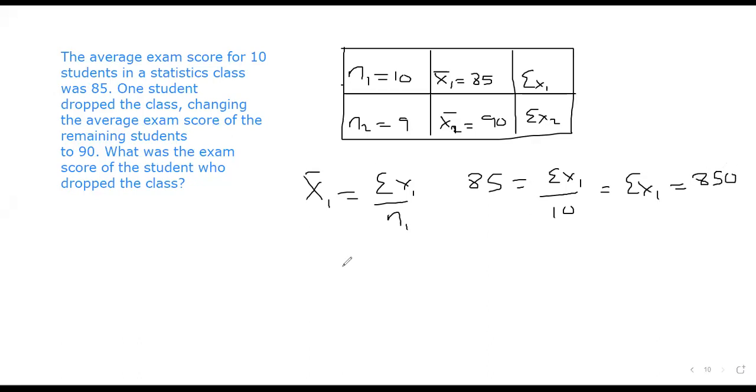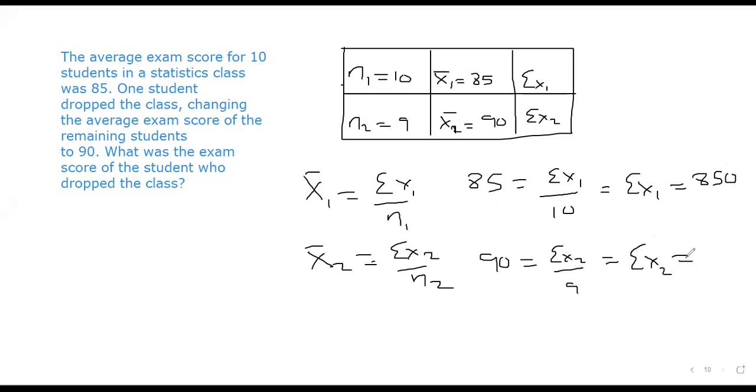Similarly, the mean 2, it's the same formula, except that we're changing the suffix. So here we're going to have 90 is equal to summation of x over 9 in this case. So summation of x for this one was what? 810. So far we're together.